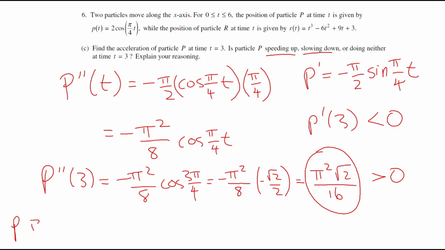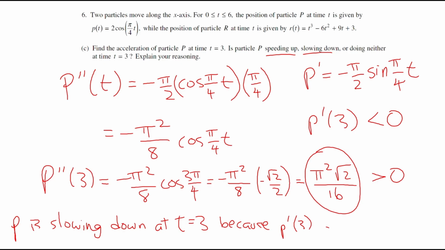So we'll say p is slowing down at t equals 3 because p prime of 3 and p double prime of 3 have opposite signs. And that's the key phrase you want to write: they have opposite signs, therefore slowing down.